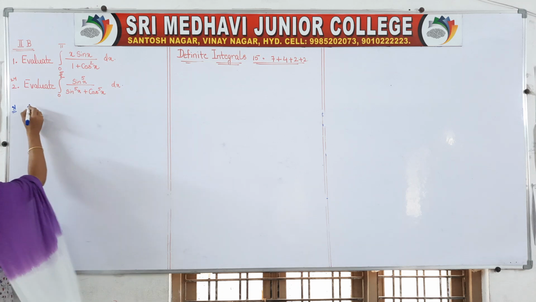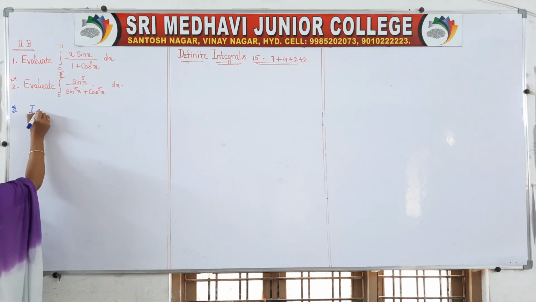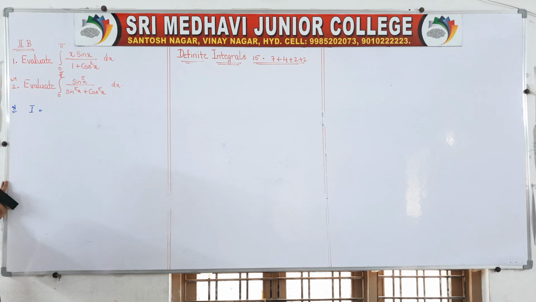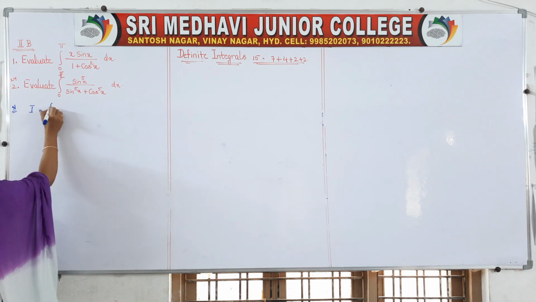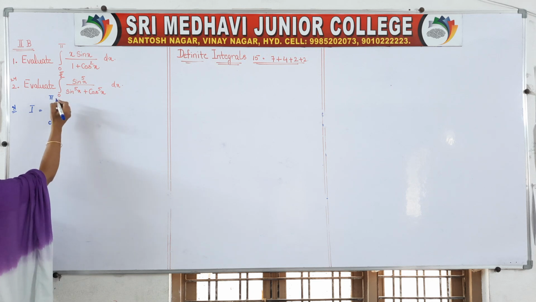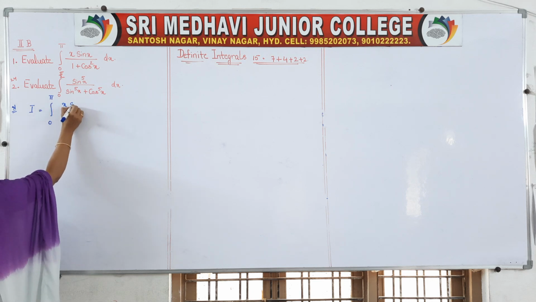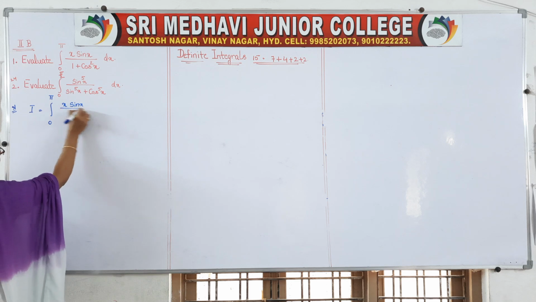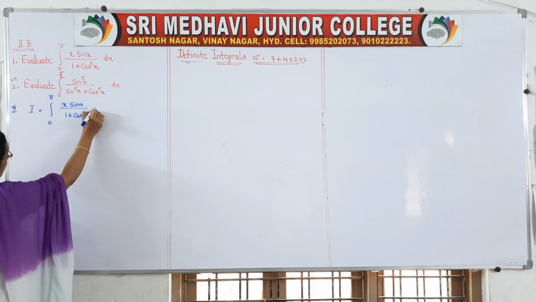Same method we are doing here. All these are repeated questions. So I is equal to, what is the given problem to us? Integral 0 to pi x sin x by 1 plus cos square x dx.